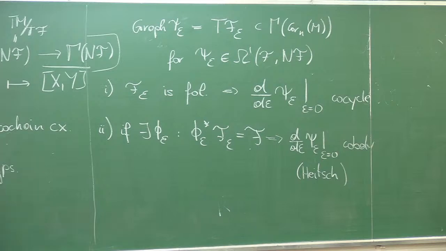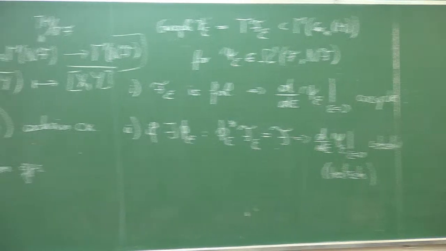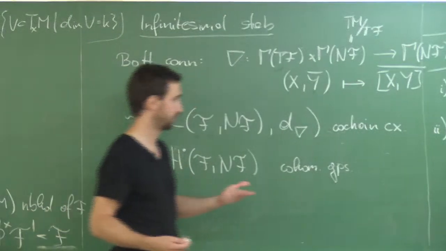This motivates the definition of a foliation being infinitesimally stable. Namely, we call it infinitesimally stable if the corresponding cohomology group H1 of F with coefficients in the normal bundle is vanishing.